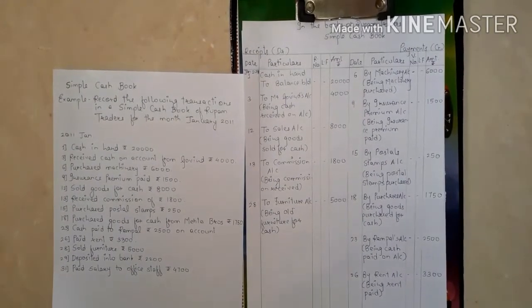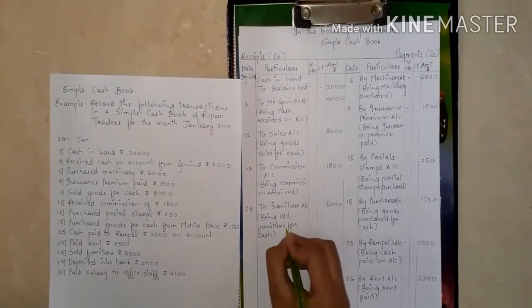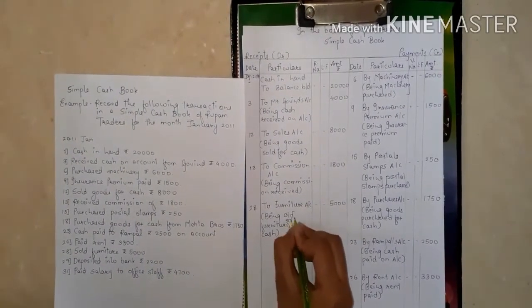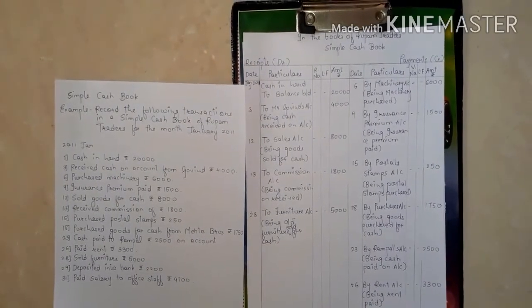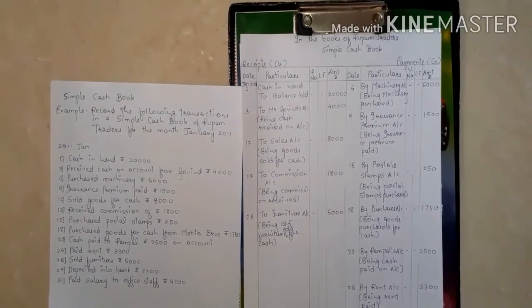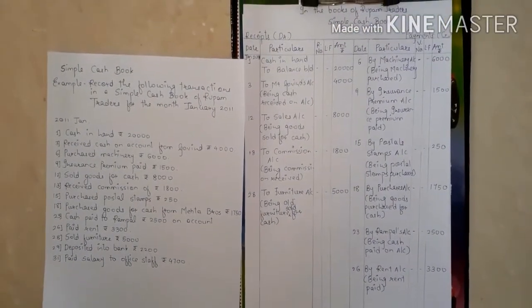That is why being old furniture sold for cash. Sorry, sold for cash. I have been tricked. So that is why they have mentioned over here being old furniture sold for cash, because Rupam Traders was already having that furniture with its business.